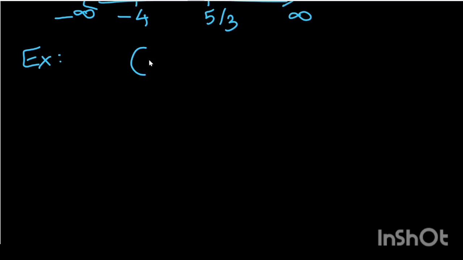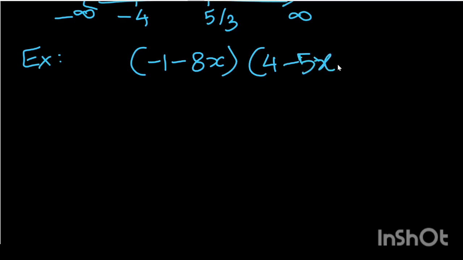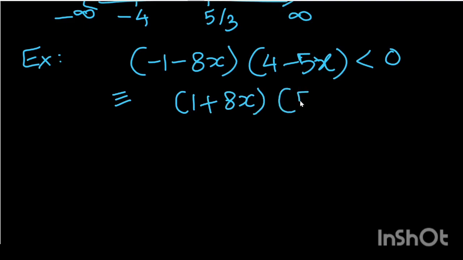Let's take one more example. If it is minus 1 minus 8x, 4 minus 5x less than 0. So this is the same as 1 plus 8x, taking minus out, here also taking minus out, 5x minus 4, sign is same.